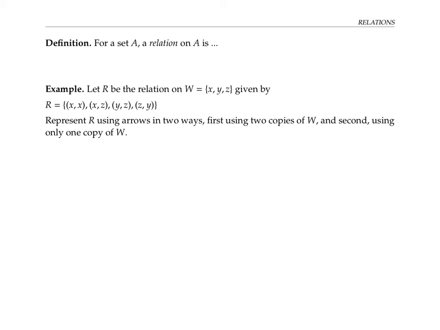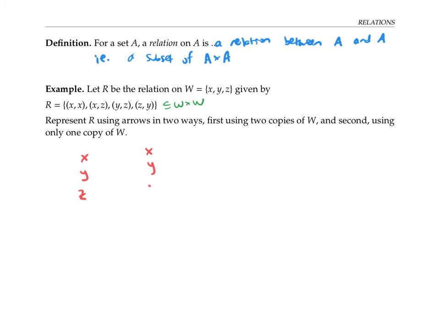So far, we've been talking about relations between two sets, but you can also talk about a relation on a set, which means a relation between A and itself, i.e., a subset of A cross A. So for example, if W is the set of letters X, Y, Z, then a relation on W is given by this subset of W cross W. We can represent this relation like we did before by using 2 copies of W and drawing an arrow from the copy on the left to the copy on the right if the ordered pair is in our relation.